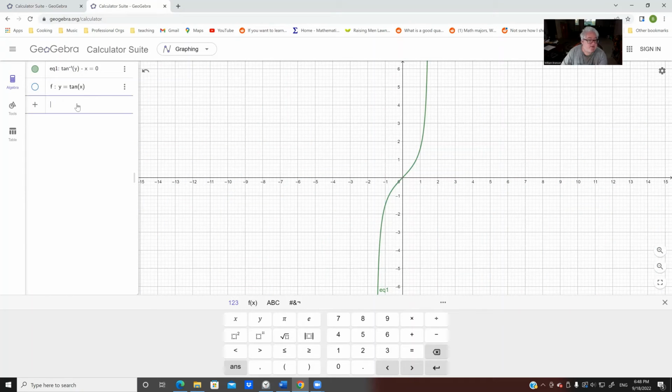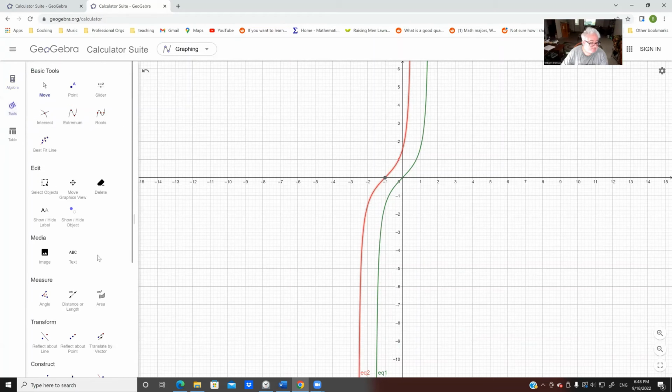And we can, of course, ask ourselves, where is it positive, where is it negative? Arctangent of y minus x equals 1. That's that red curve. So we're positive here on the right.